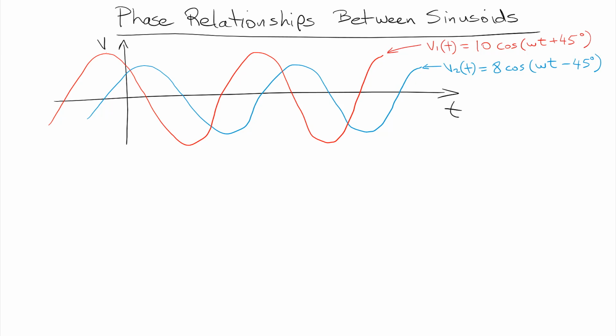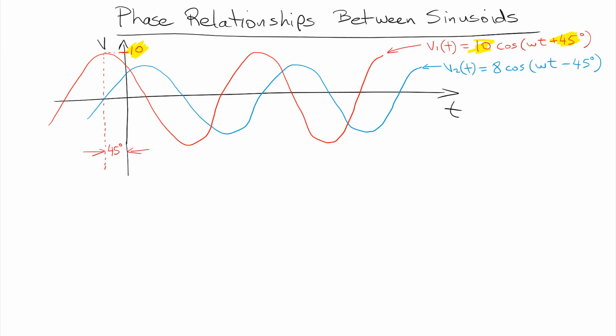If we're looking at the first waveform, V1, it has an amplitude or voltage magnitude of 10, so the peak value of the AC is 10. And then we have a phase shift of that waveform, and that phase shift is plus 45 degrees.